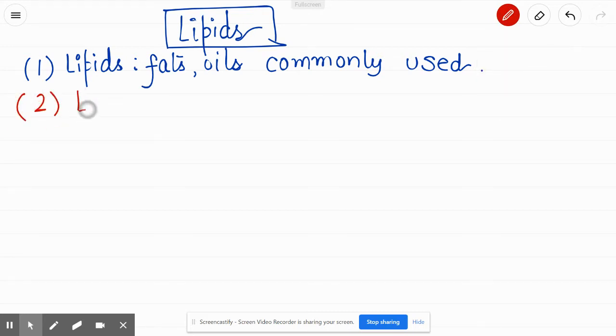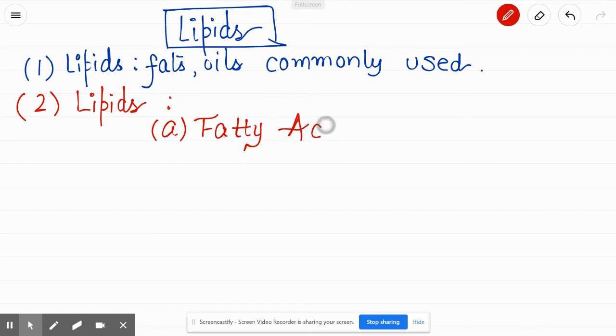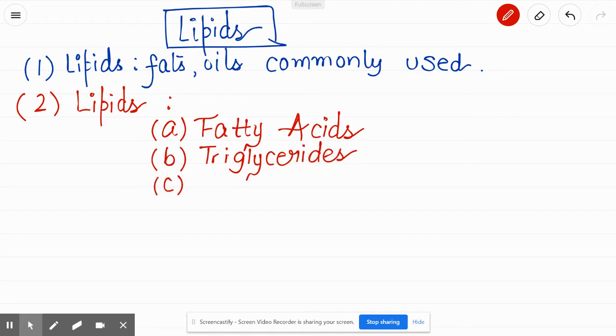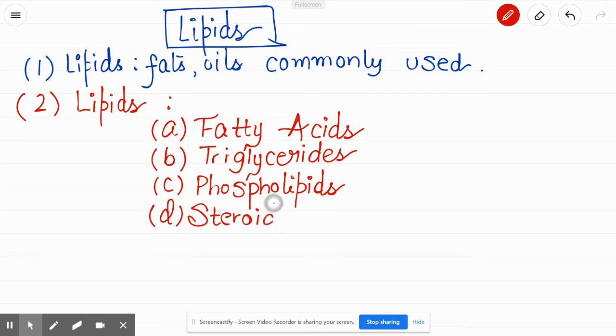All right. So next up, we'll take a look at the classification of lipids, as to what different types of lipids are available, which are fatty acids, triglycerides, phospholipids, steroids, and waxes.